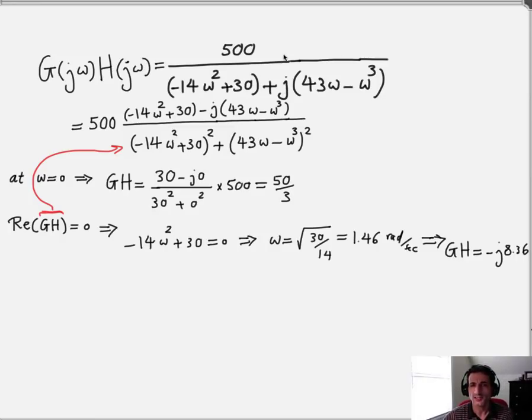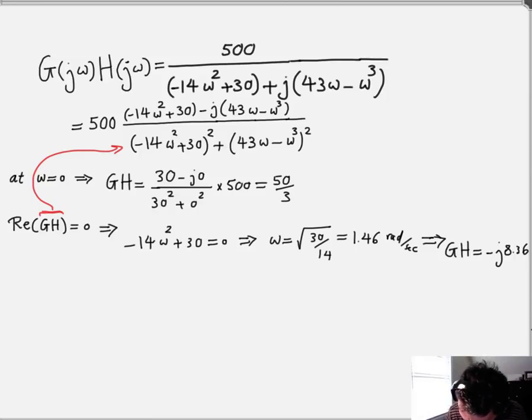In order to convert this to a complex number in the form a plus jb, instead of having a complex number in the denominator, what you do is multiply both the numerator and the denominator by the complex conjugate of the denominator. I'm just going to briefly show you how that works.